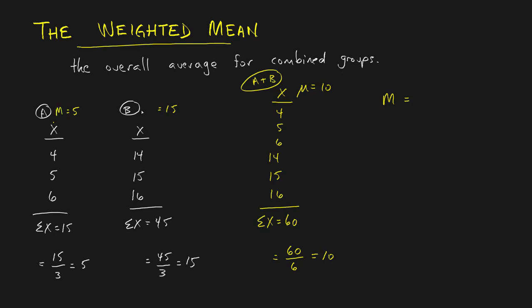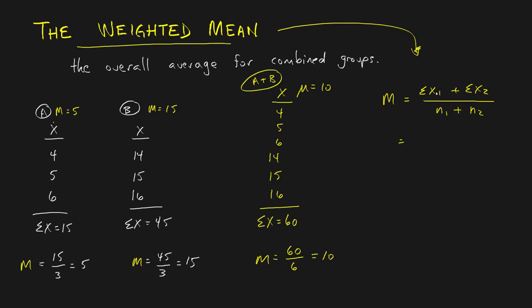Okay, so my sample mean, if I want my sample mean for the groups combined, I can use the weighted mean. The weighted mean has this formula. You take the sum of x for your first group, you add that to the sum of x for your second group, and then you divide that by your first group size plus your second group size.